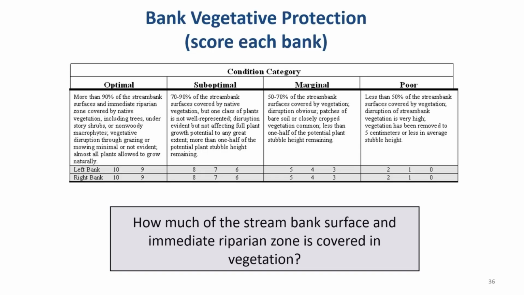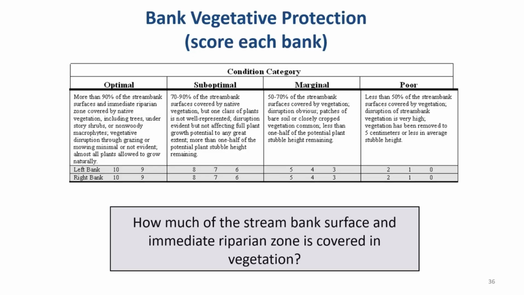If only 70 to 90% of the stream bank is covered by native vegetation, and one of those types of plants is not well represented, so maybe there's trees, but there's no shrubs because maybe deer have eaten all those shrubs, or maybe the erosion is not letting plants grow properly, or maybe there's some mowing of grass, that would be preventing the plants from growing to their natural form. So if it's 70 to 90% of the stream bank, then it would be in suboptimal.